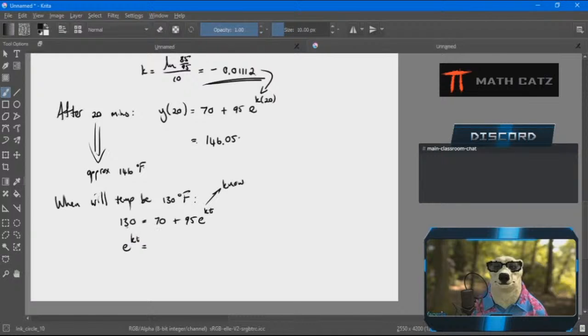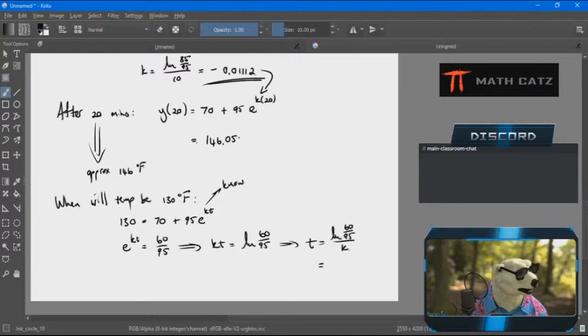We could say, well, 130 minus 70, that is 60. So 60 over 95. So kt will be natural log of 60 over 95. So t is what I'm trying to solve here. t equals log of 60 over 95 over k.